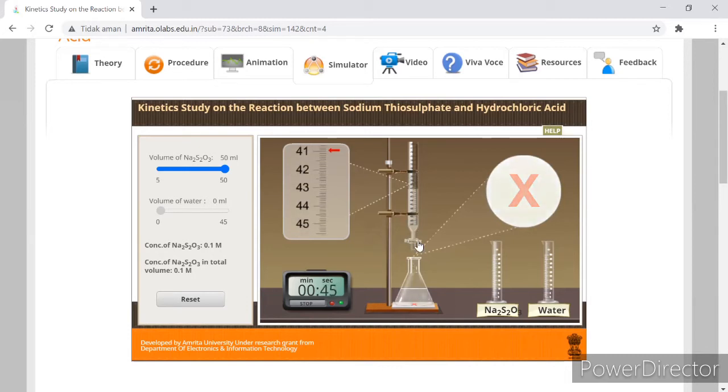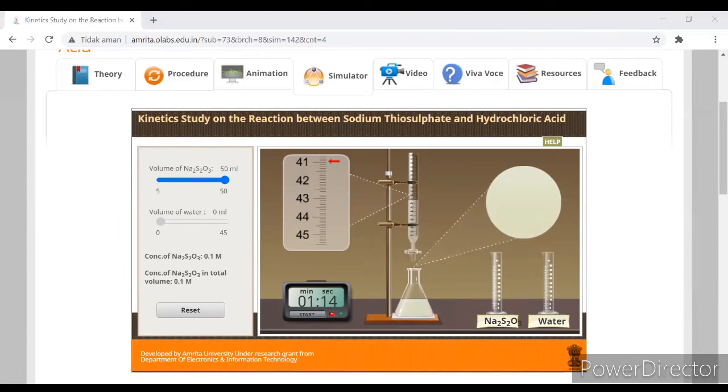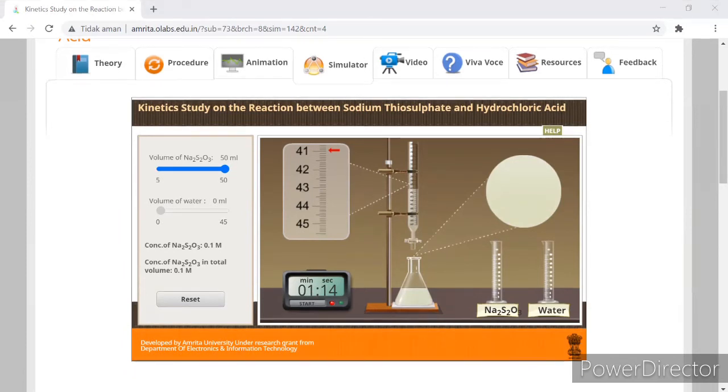Oh, so fast, yeah. The cross mark will be invisible, and we see that the time is 1 minute 14 seconds. Okay.